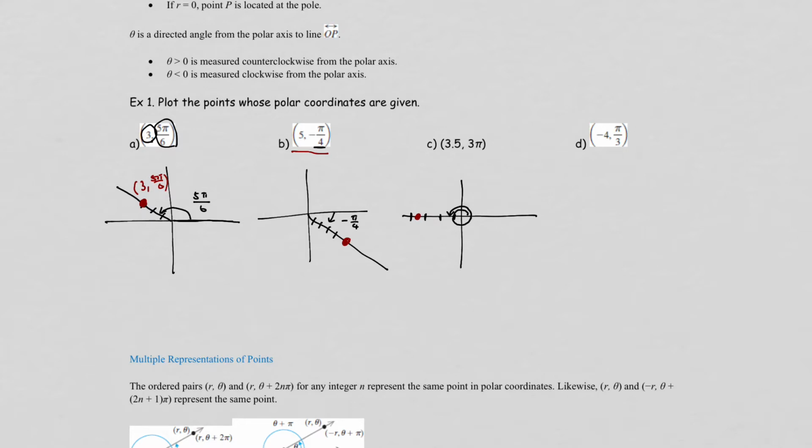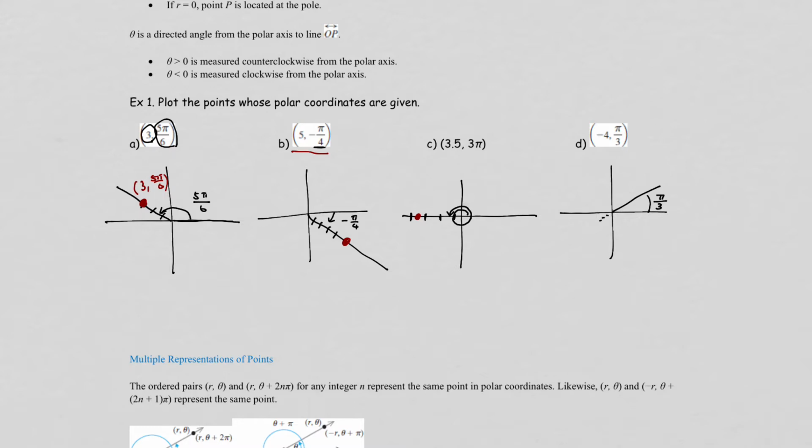What about if you have negative distance, right? So you're going to find angle pi over 3 first. Let's say this is pi over 3. And then you wanted to go negative 4 from that line.